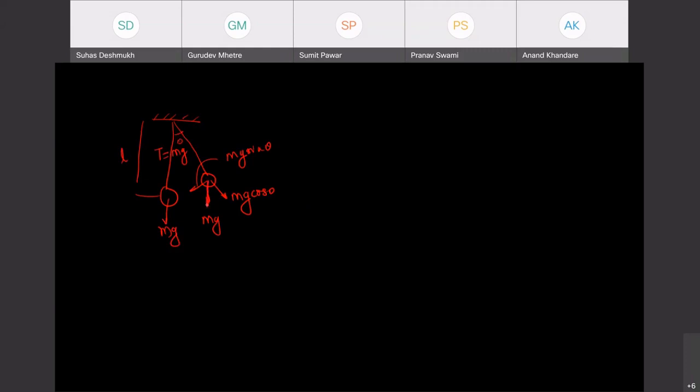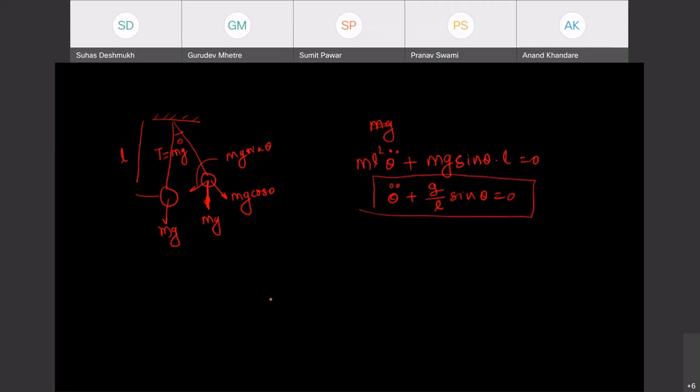It creates a gravitational force here, and so you can write ml square theta double dot plus mg sine theta into L equals 0. I can write theta double dot plus g by L sine theta equals 0. This is the equation we got.